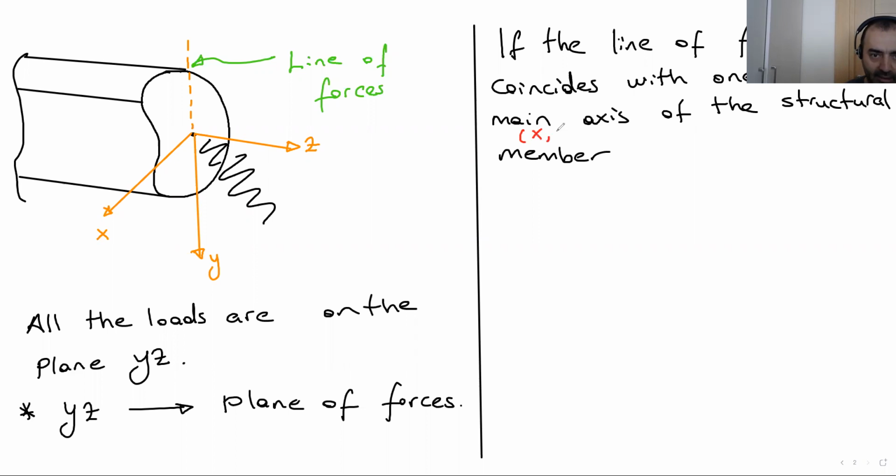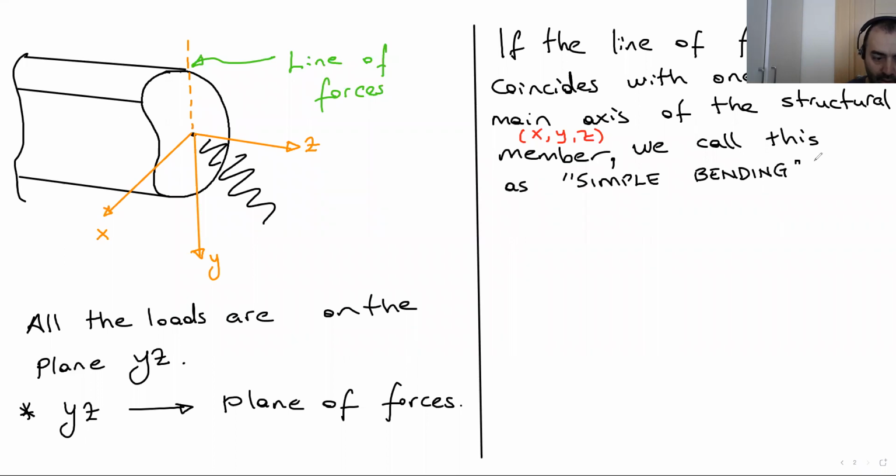Let me write here X, Y, Z. We call this simple bending, or one axis bending.